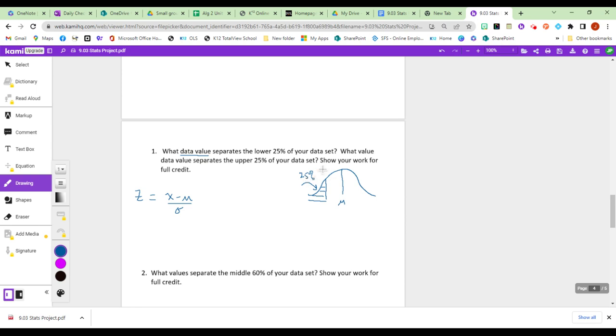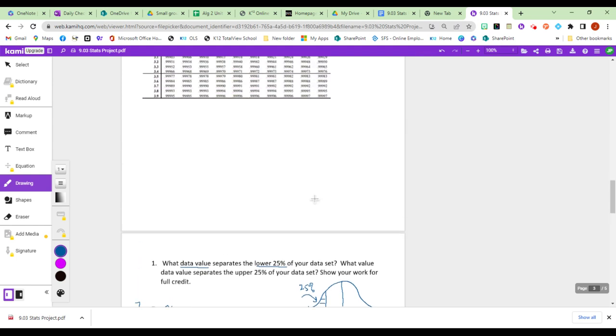So what I have to know is that since I'm to the left of the mean, my z-score is going to be negative. When I'm looking at this first part, lower than 25%, because it's below my mean, I know that I'm going to look for a z-score that's negative. So I'm going to go up to my table.